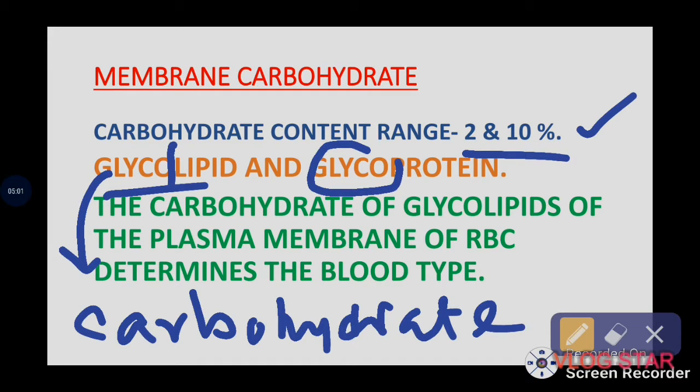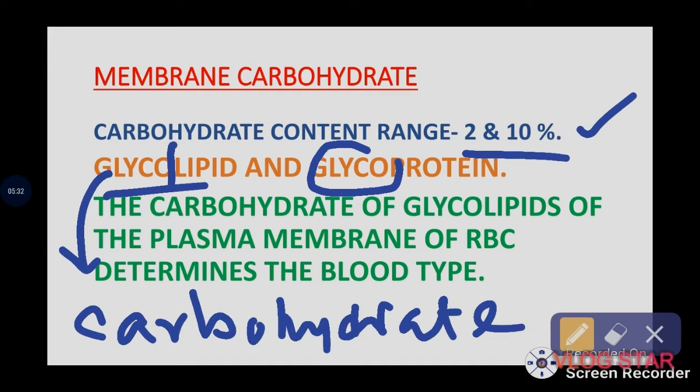Okay, and proteins means protein. So protein is attached to carbohydrate and it forms the glycoprotein. These glycoproteins and glycolipids are present in the bilayer, generally on the outer leaflet, towards the extracellular surface, because glycoproteins actually help as membrane receptors.